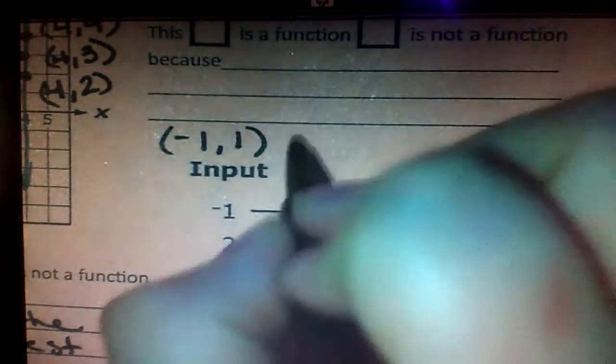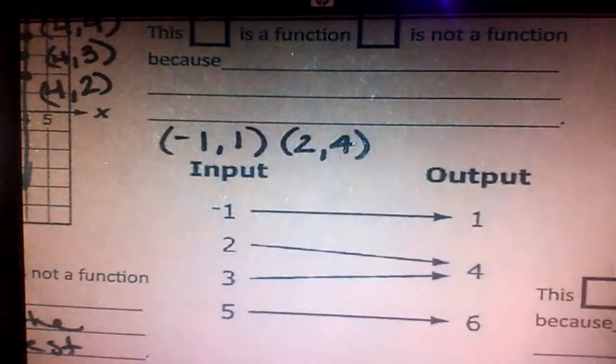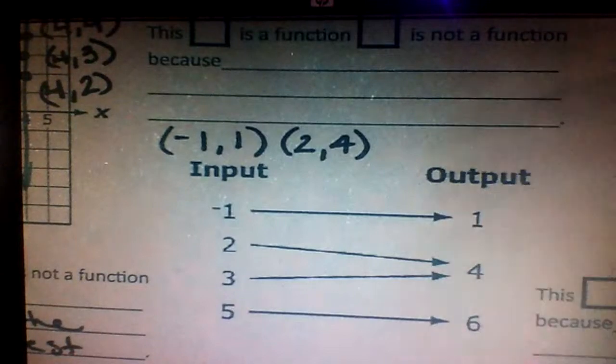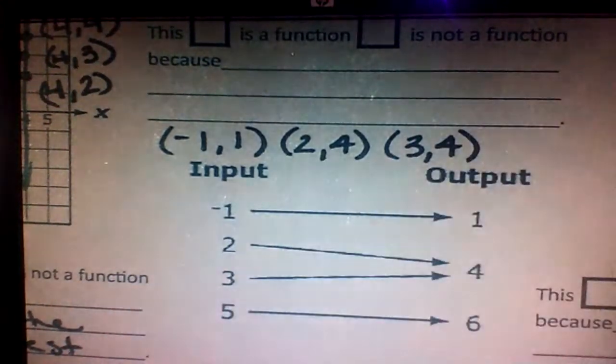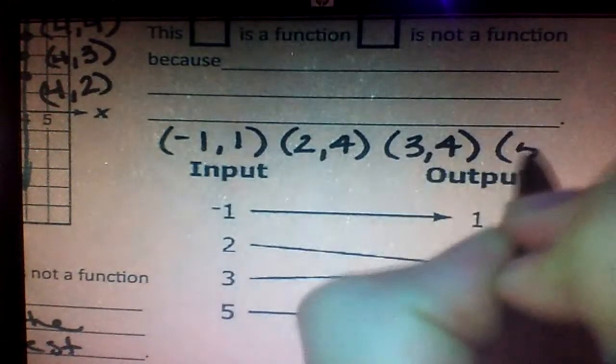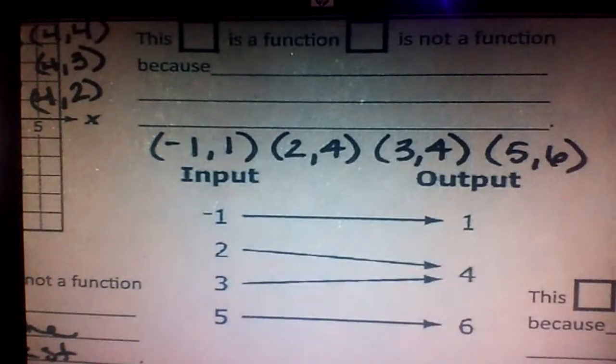This point here is 2, 4. This one here is 3, 4. And this one here is 5, 6. So my x's don't have 2 different y's. My y's can have 2 different x's. So if you need to take your mapping diagram and write it like this, you can do that.